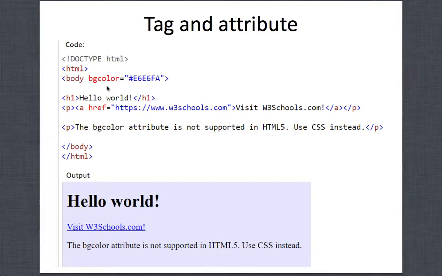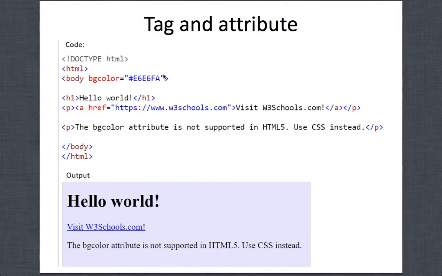Now here there is a body tag and the attribute is bgcolor. Now this attribute will have a certain value. The value is being given within double quotes.